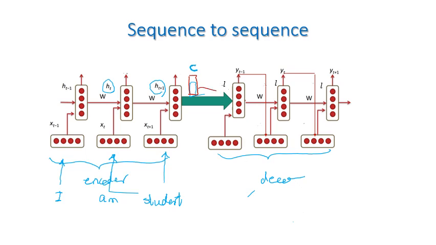You pass this context to the decoder, and the decoder is another RNN. So your decoder takes this constant, which is a representation of the whole sentence.